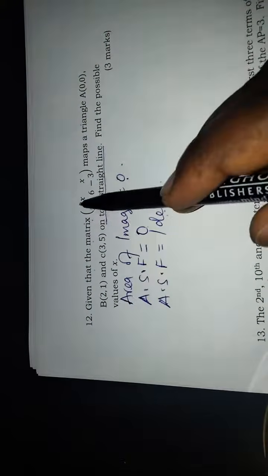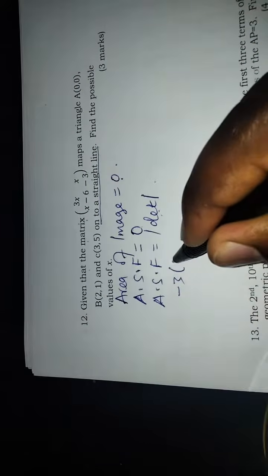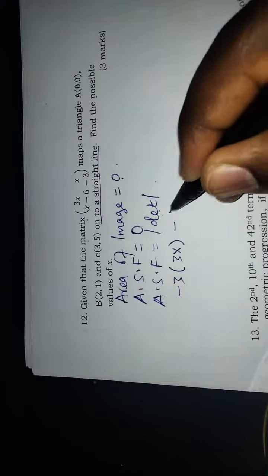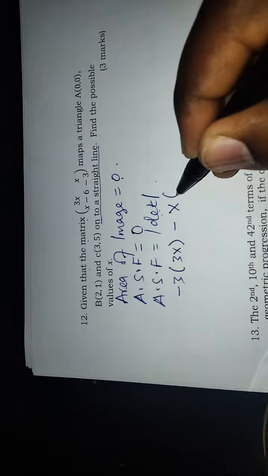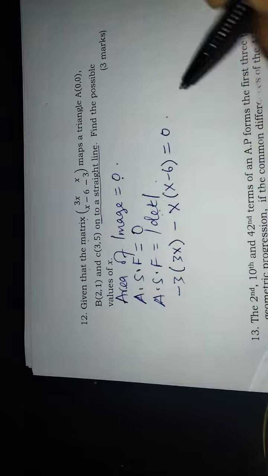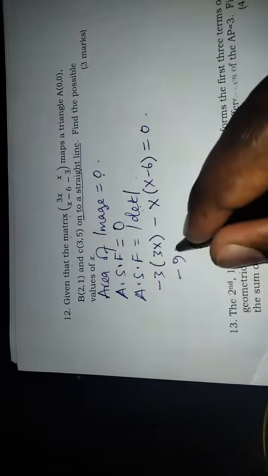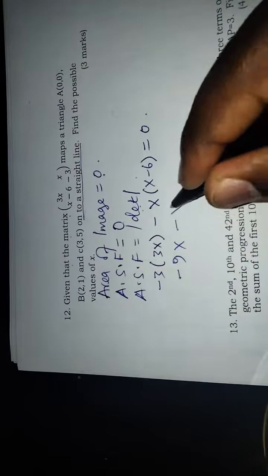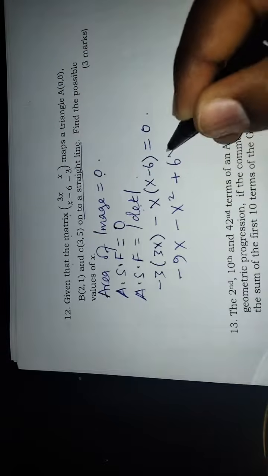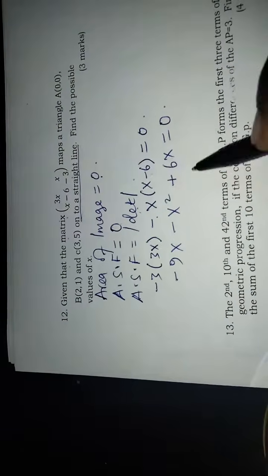Therefore, product of elements in the leading diagonal, which is negative 3 by 3x, minus product of elements in the other diagonal, x by x minus 6, should give us a determinant equal to 0. So this means negative 9x minus x squared positive 6x equals 0.